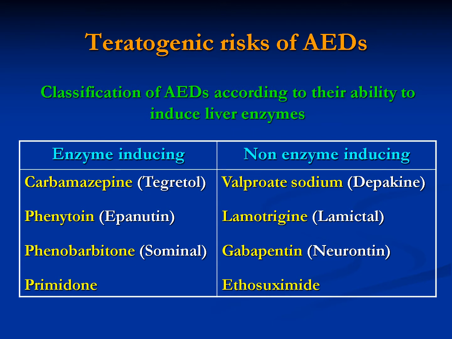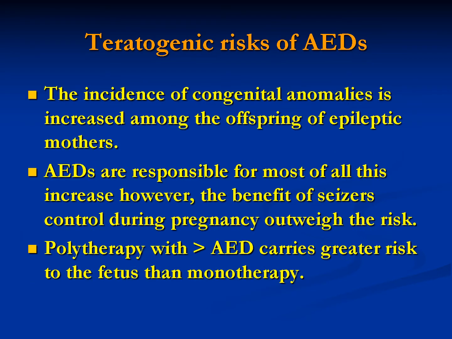The commonest used here are tegretol, phenobarbitone, and Epilim. The risk is increased. However, the benefit of seizure control during pregnancy outweighs the risk. Polytherapy with anti-epileptic drugs carries a greater risk, so monotherapy is preferable.